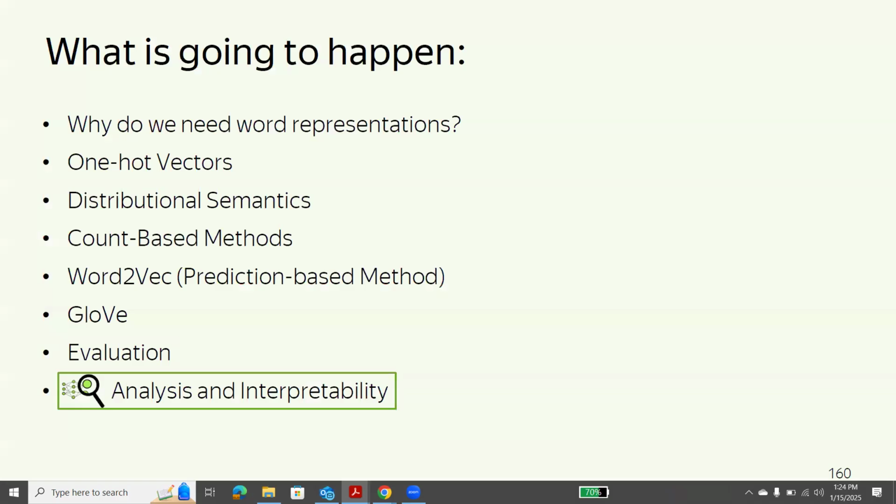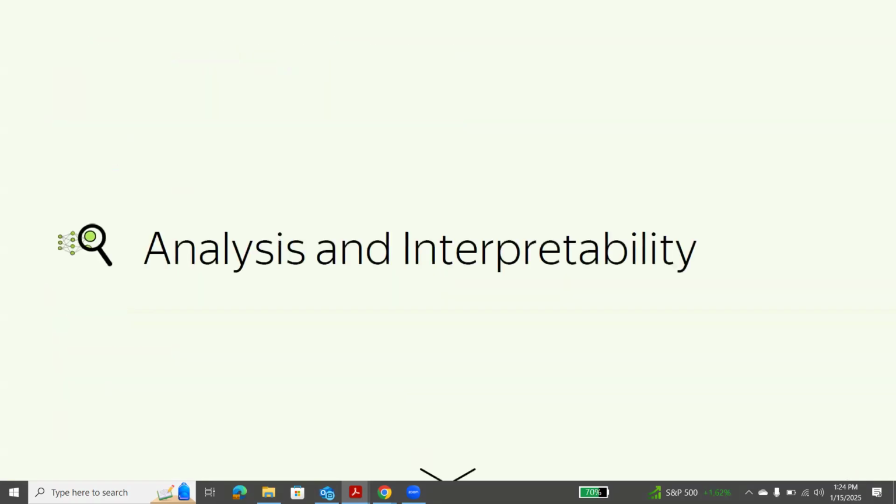Now the last topic for the lecture, where we will talk about a second very interesting and important idea, and then we will talk about dimensionality reduction. I hope we'll have time.